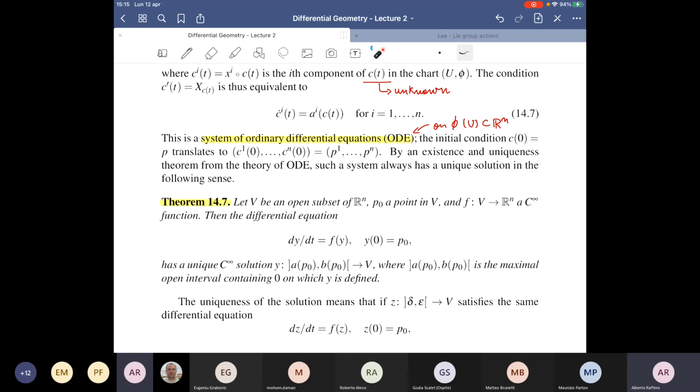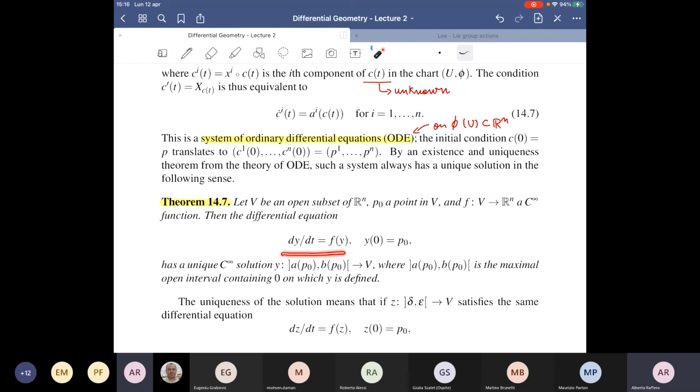And in fact, the result we use is this one, which is a result of analysis. This tells you that if we have an open subset B of some space R^n, you choose a point in this open subset, and a function defined on this open subset with values in R^n, which is smooth.